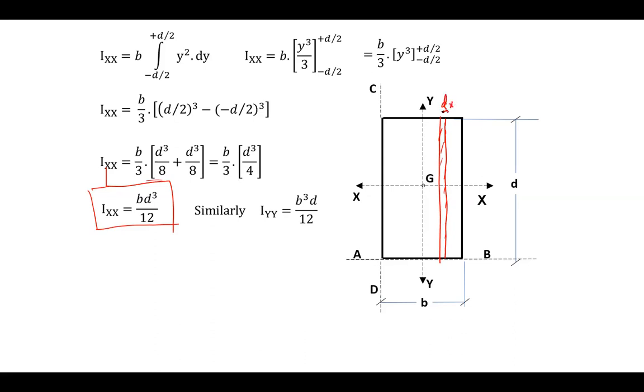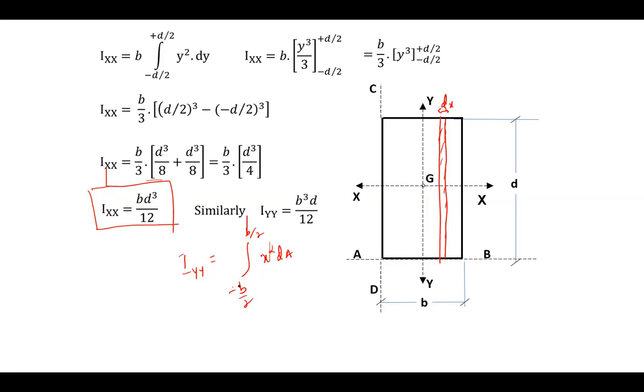The moment of inertia about y-axis will be Iyy is equal to, the limit varies along b, right? So the limit will vary from minus b by 2 to plus b by 2, of x square into dA. We know that Ixx will depend upon y square into dA, Iyy will be x square into dA.